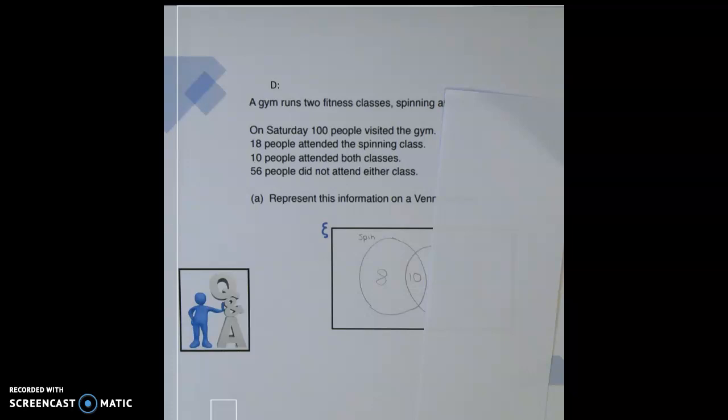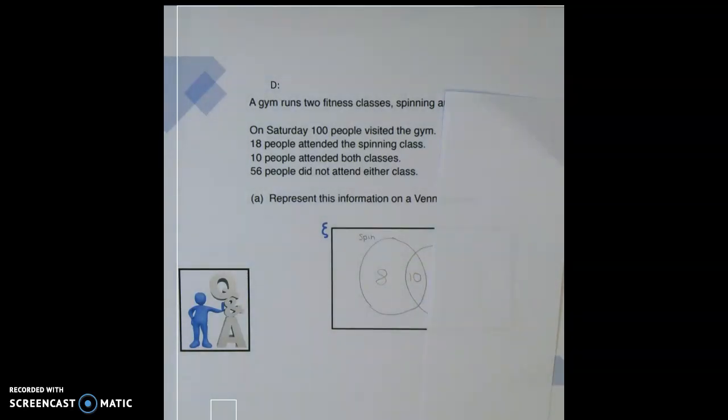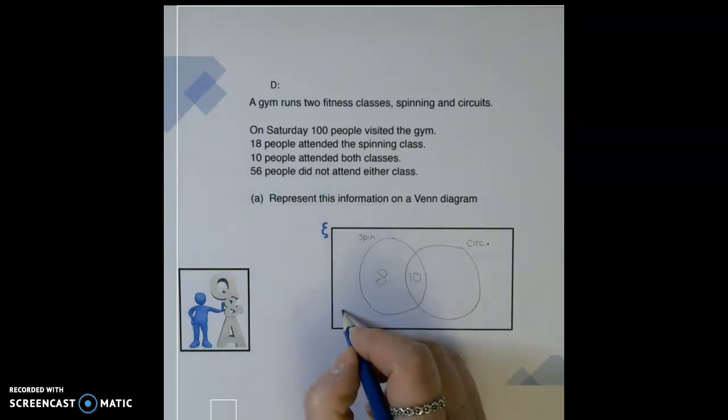If you wanted to, you could draw little people icons, and then you can definitely see that even though 10 of them also go to the circuit classes, they also go to the spin classes as well. So you've got to be really careful about how these things are worded and that you understand what the question is actually asking you. Then the final part of it says that 56 people didn't go to either class.